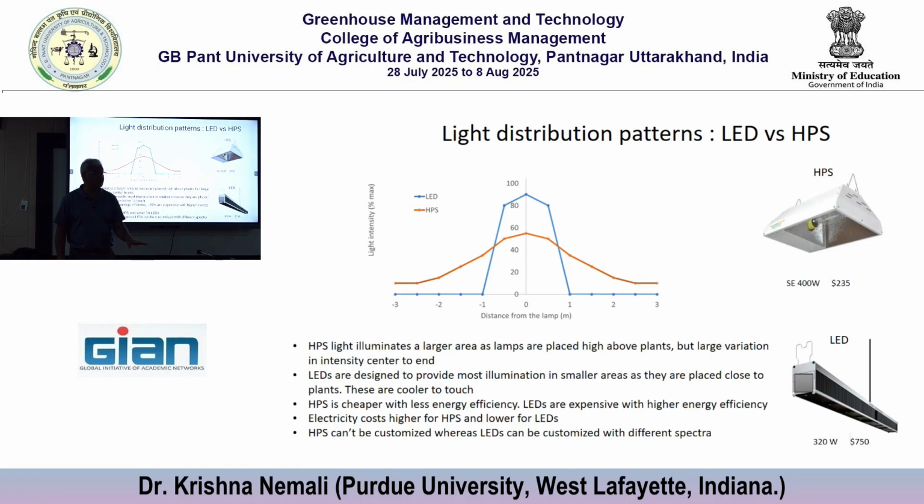High pressure sodium lamps are cheaper. You also get the benefit of wider light coverage, therefore you will need fewer lamps in a greenhouse. But the real problem is they don't provide the best light composition. Okay, that makes sense to all of you. That's what I explained here.